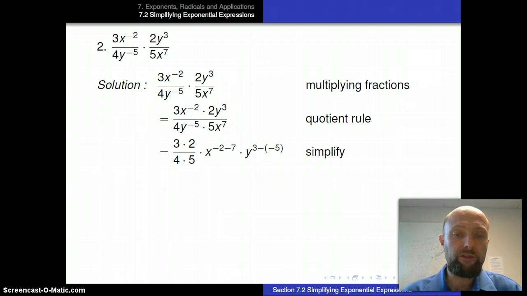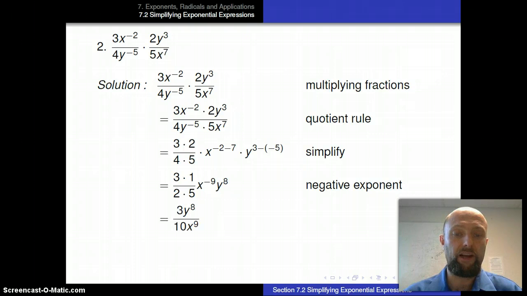To simplify 3 times 2 over 4 times 5, first simplify the 2 and the 4. It becomes 1 and 2. Now we can easily see that 3 times 1 over 2 times 5 is 3 over 10. We use the negative exponent rule to rewrite x^-9 as 1 over x^9, and so here is our final answer.